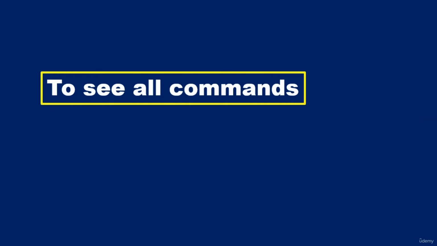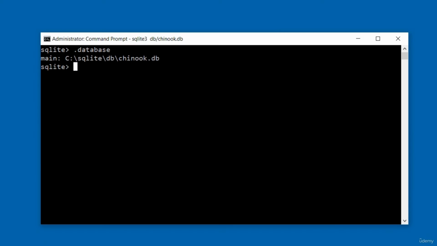The next useful command I want to show you is a command that will show you all the available commands that you can use in SQLite. To do that, you just type in a dot followed by help, and that will list all the available commands and their description. So I'm just going to type in a period and type in help and press enter.